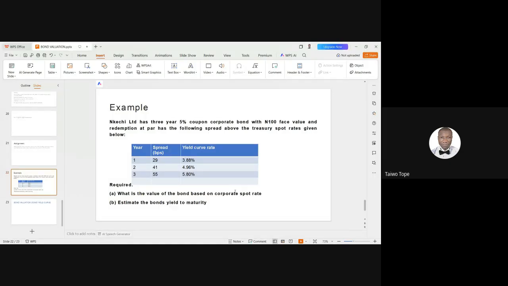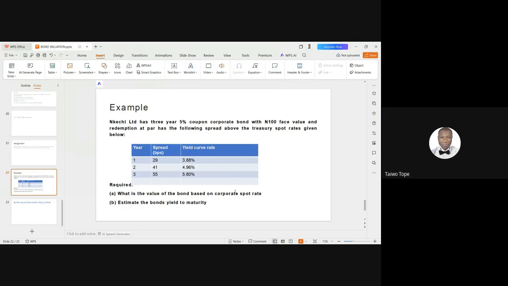So the spot rate is the interest rate applicable to an investment or borrowing from today until a specific future date. So in bond valuation, a spot rate is also called a zero coupon rate or zero rate.